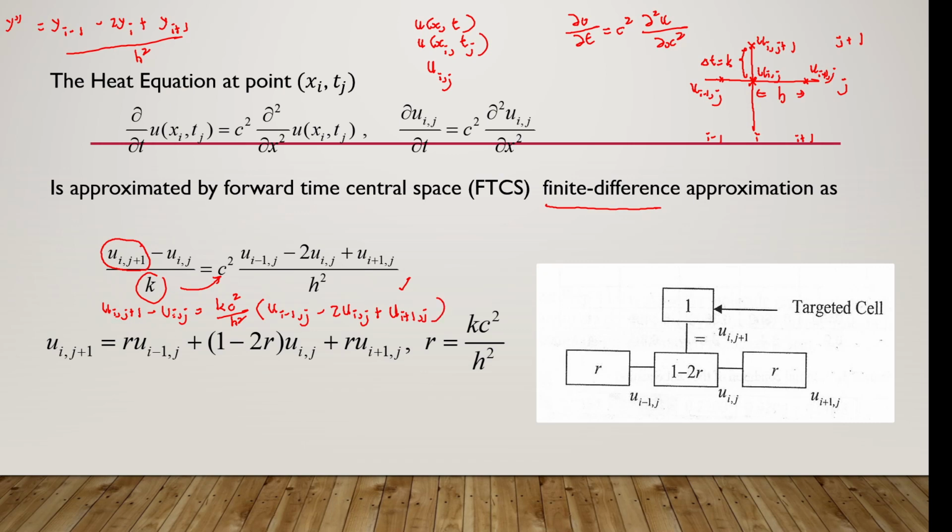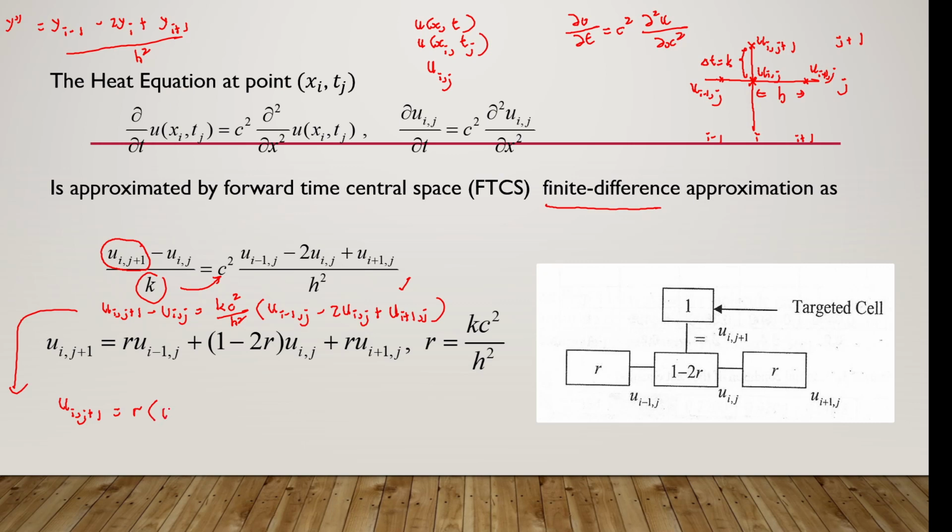That's why the minus u_ij becomes, from here you have u_i,j+1 equal to, where k c squared over h squared is denoted as r.